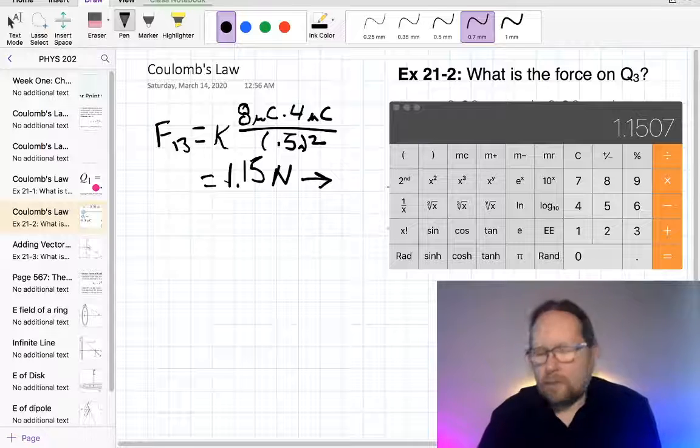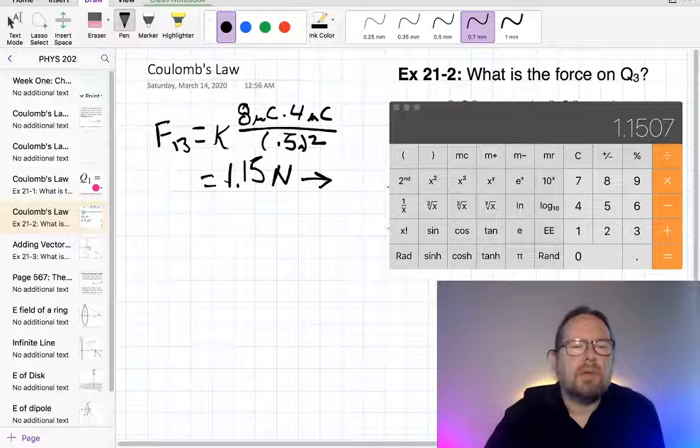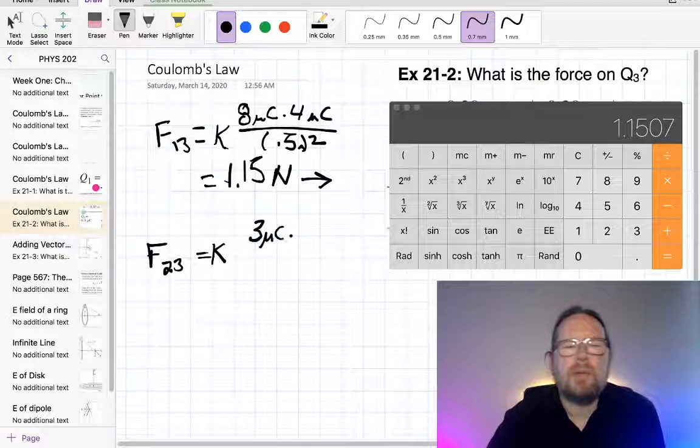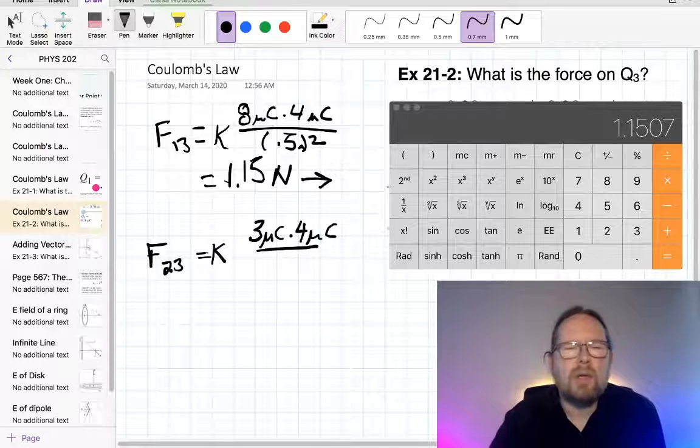Now let's calculate the force that 2 exerts on 3. That's going to be equal to K times the charge of 2, which is 3 microcoulombs, times the charge of 3, which is 4 microcoulombs, divided by the distance between them squared. They are closer. They are only 0.2 meters apart.